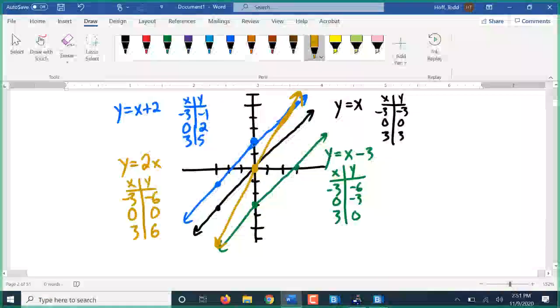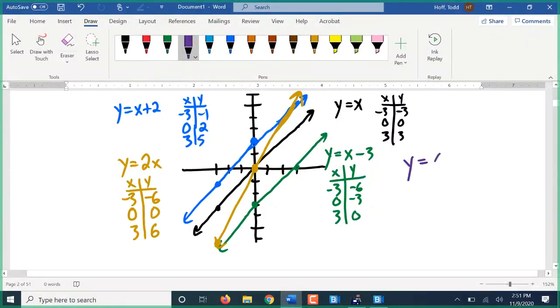If I wanted to make one that was less steep, rather than doing y equals x divided by 3, I'm going to do this. Y equals 1/3 x. Multiplying by 1/3 and dividing by 3 give you the same effect. So if x were -3, 1/3 times -3 is a -1.